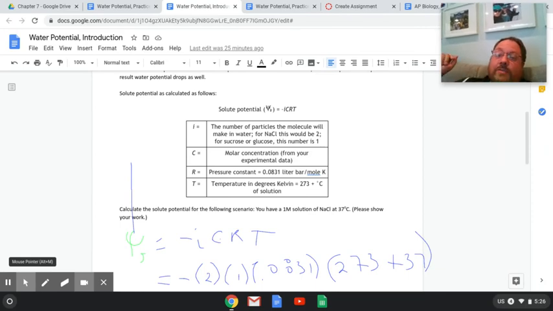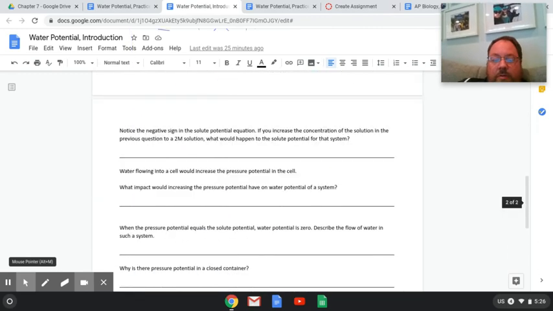They'll ask you questions like that on the AP exam, where it'll be like, what factors could influence something? And if those factors or variables are in an equation, you can just reference the equation and use it as a resource. So again, what impacts solute potential? The number of particles the solute will dissolve into, the concentration of the solute, and the temperature of the system in Kelvin. Okay.